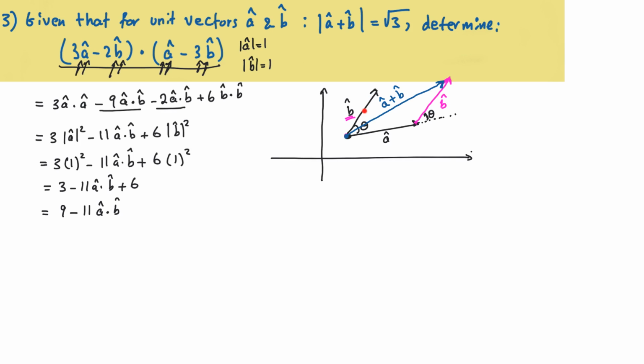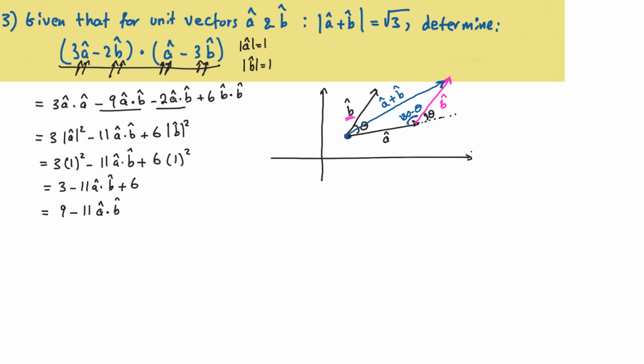And that's because this vector is exactly the same as this vector, and using the F pattern, these two angles must be the same. And if that angle is theta, that means that this angle over here is 180 minus theta, because this is one whole line. This is theta, therefore this side should be 180 minus theta.